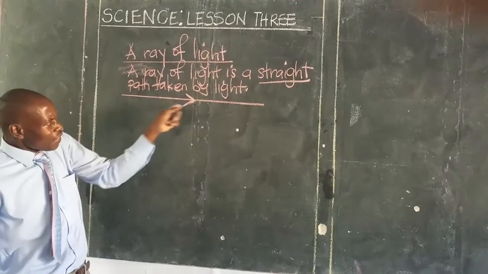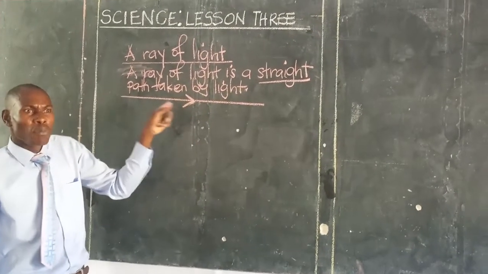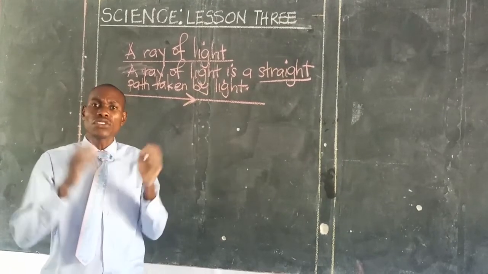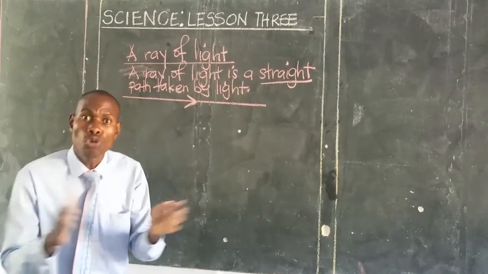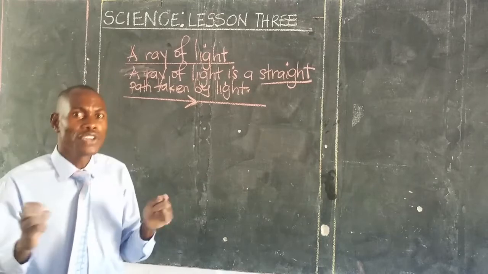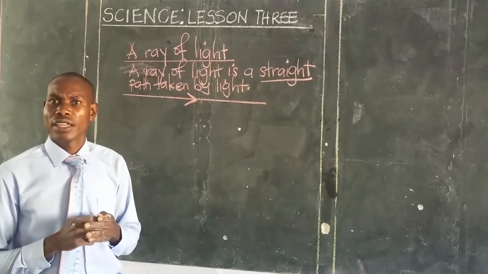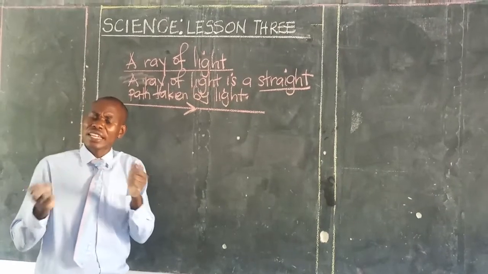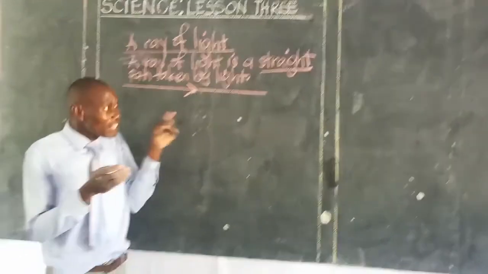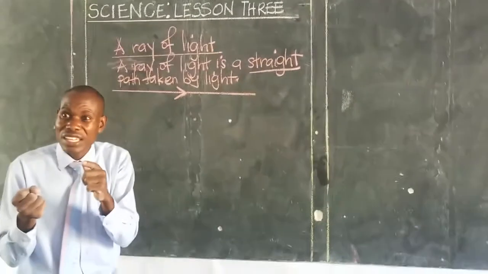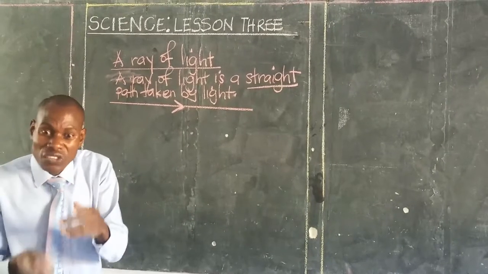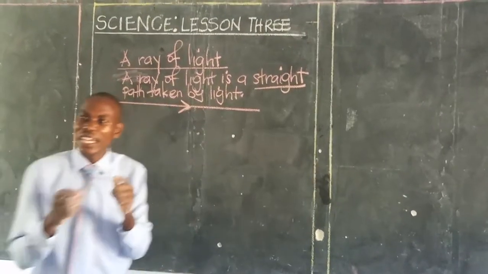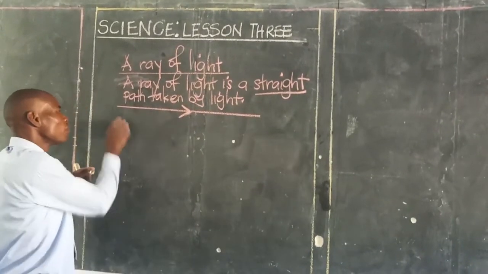Now, these rays of light cannot move as one ray just. These rays of light move in groups. As they move in groups, we shall give the groups of rays a special name. When they are moving in groups, don't say, now, those are very many rays moving, but instead call them a beam of light.